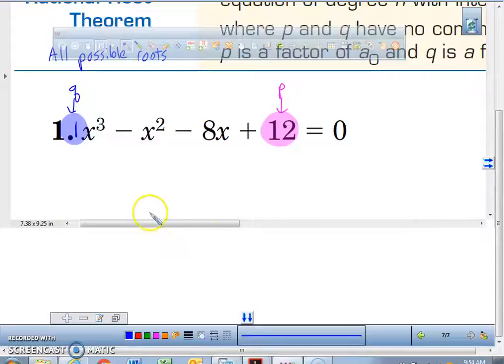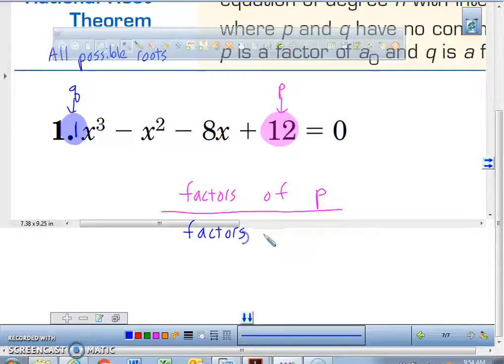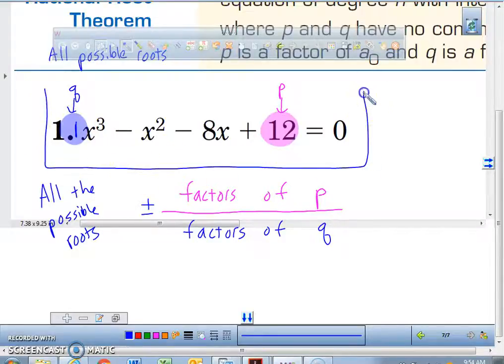But I want you to understand, if you take the factors of p over all of the factors of q, with plus or minus on all of those factors, this will be all the possible roots that could go into this big, long polynomial function.